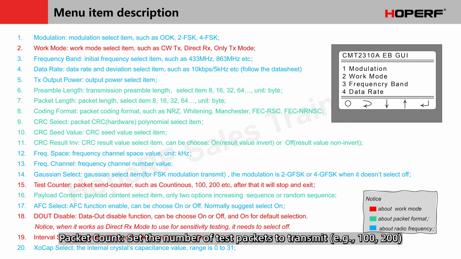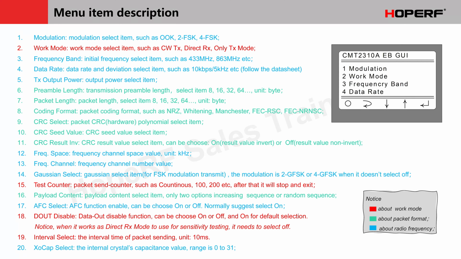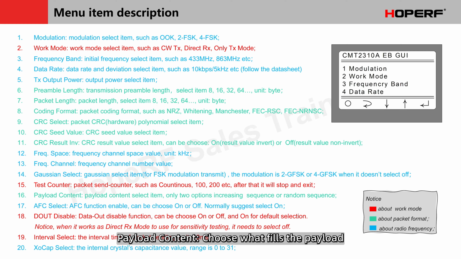Packet count. Set the number of test packets to transmit, e.g. 100, 200. The test will stop and exit automatically after sending that many packets. Payload content. Choose what fills the payload, like an incrementing sequence or random numbers.